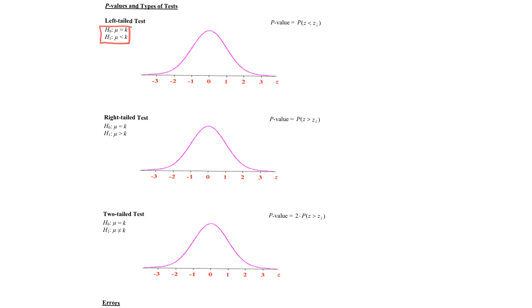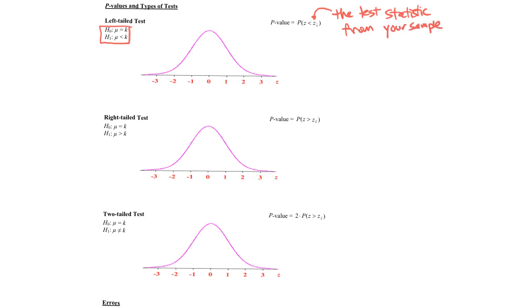So let me just mention a few things here. This little z sub x bar is the test statistic. It's actually the z-score of the test statistic from your sample.